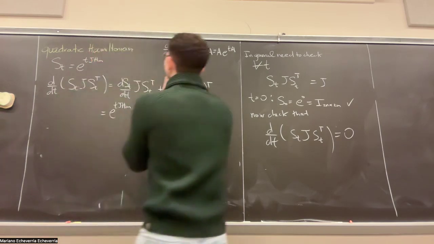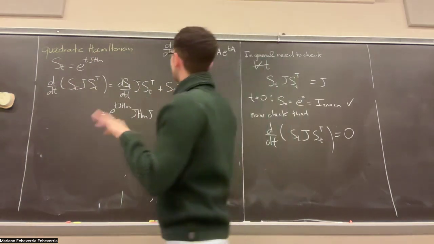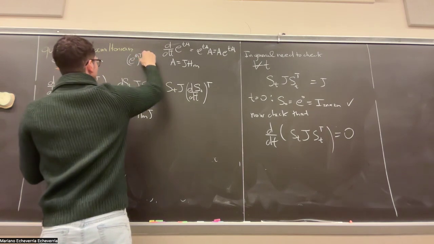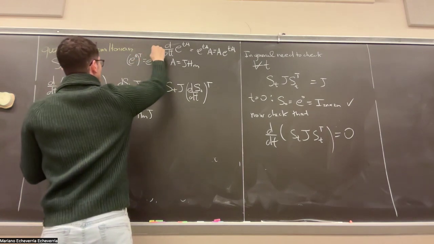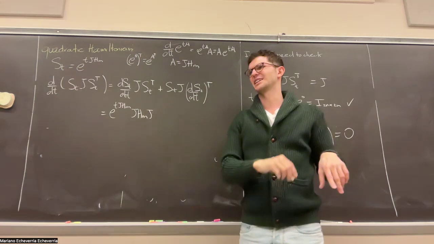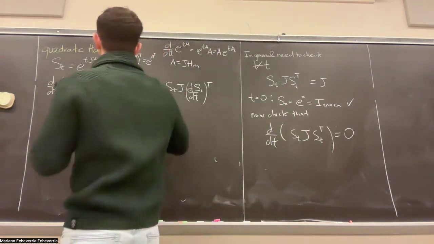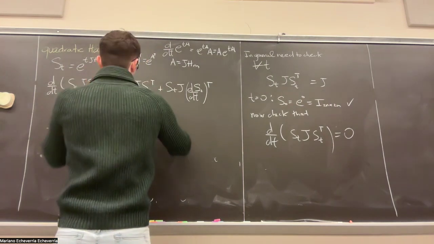Another important thing about the exponential is that it commutes with the transpose. So e to the A transpose is e to the transpose of A, and that makes sense again from the power series expansion. It's believable that this should be the case.